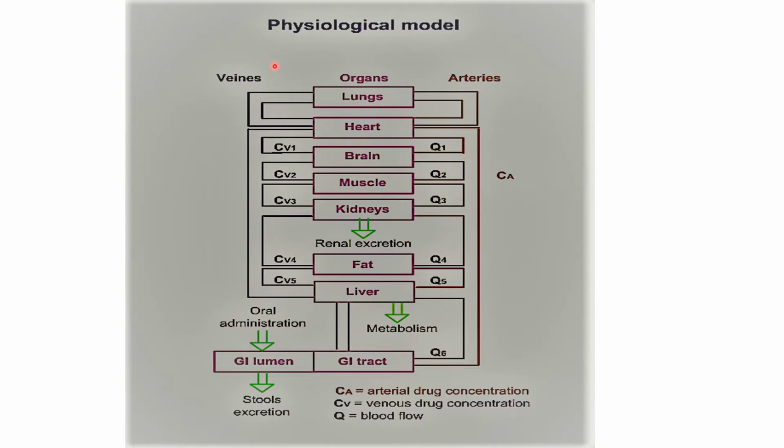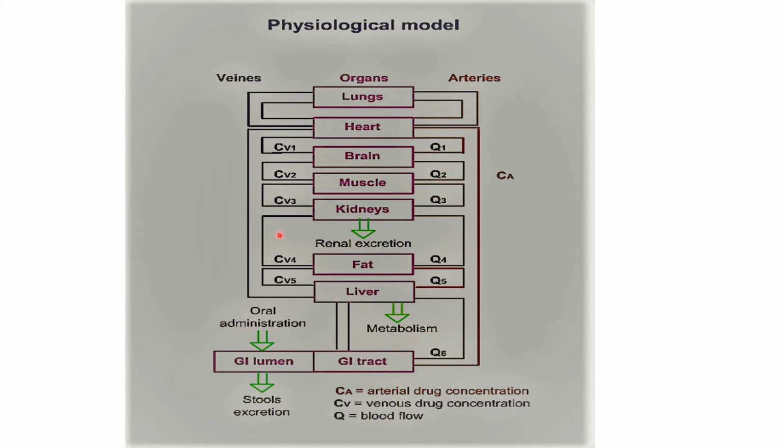Now this is a very classic example, or symbolic representation, of a physiological model. You can see various organs in the form of compartments, and these organs are basically being flushed with blood through arteries and then emptied through veins. Q1, Q2, Q3, Q4, Q5 are simply blood flows, as you can see down below.